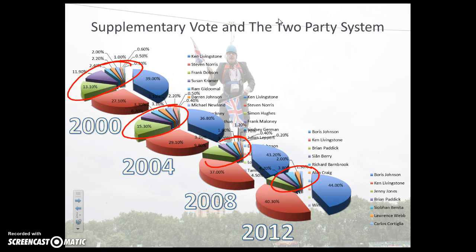It actually accelerates the race towards a two-party state if we use the supplementary vote, because it reduces the value of these particular votes. People realize that these votes are really going to be wasted, and it's going to be a runoff between the two big boys. And so the supplementary vote, and indeed the AV, the additional vote, tend to disadvantage third parties and accelerate the charge towards a two-party state.